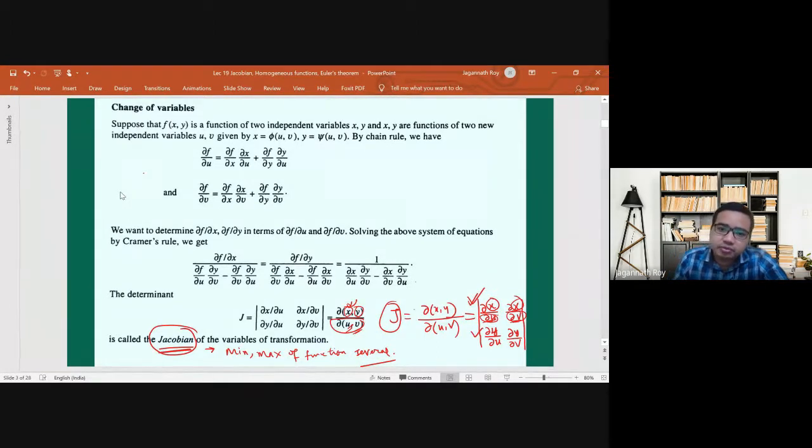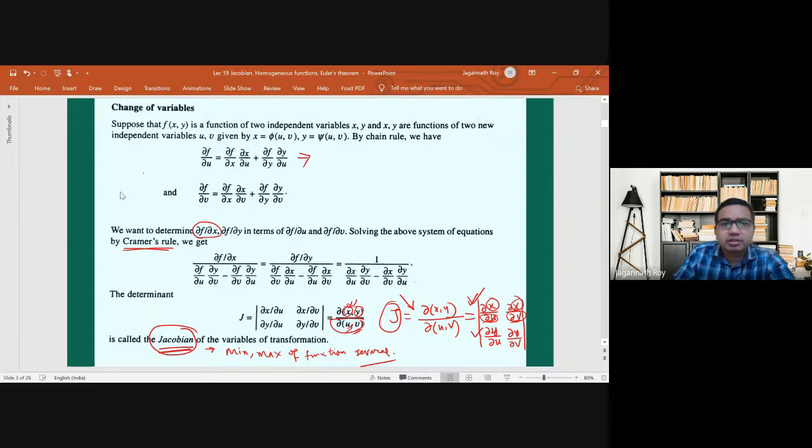So how is this formula coming? How do we get this formula? This is actually using Cramer's rule. From these two equations, we want to determine these values.